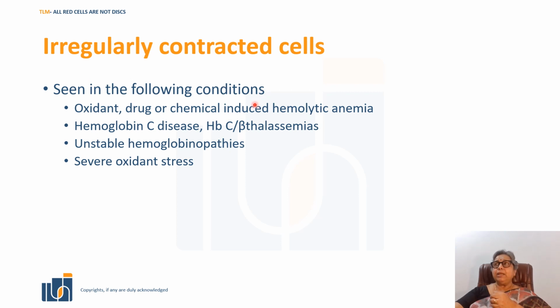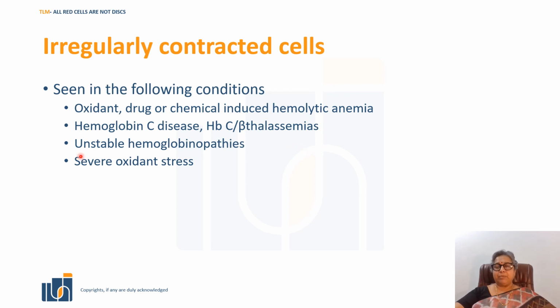Now they are seen, like I said, whenever there's oxidant drug or chemical induced hemolytic anemia. Hemoglobin C disease, more common in hemoglobin C because it crystallizes to form these irregularly contracted cells.